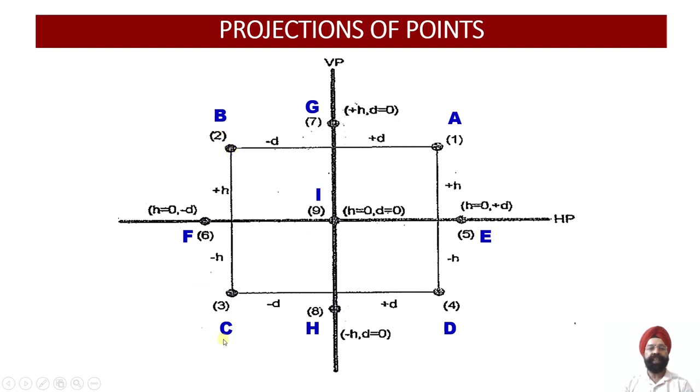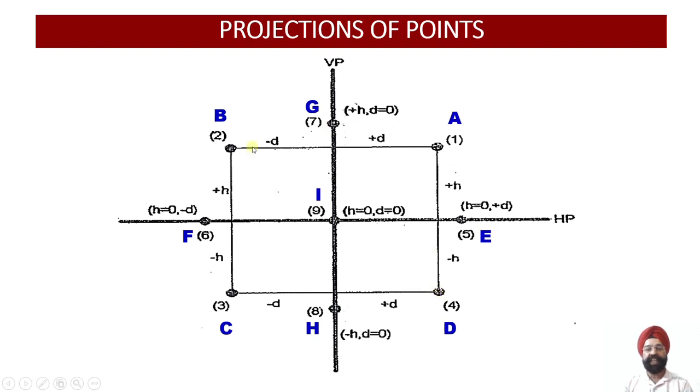The third location is in quadrant number 3, in which the point lies below the horizontal plane and behind the vertical plane. The fourth location is point D, which lies below the horizontal plane and in front of the vertical plane.